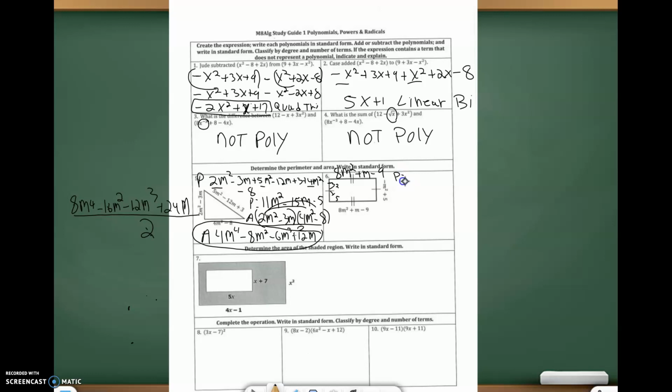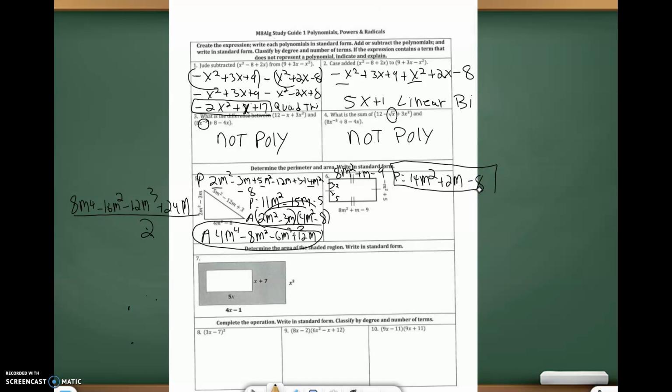So the perimeter would be 14m squared. And then we have m, and then m would be 2m. And then we have minus 9 plus 5 would give me a minus 8. Okay?